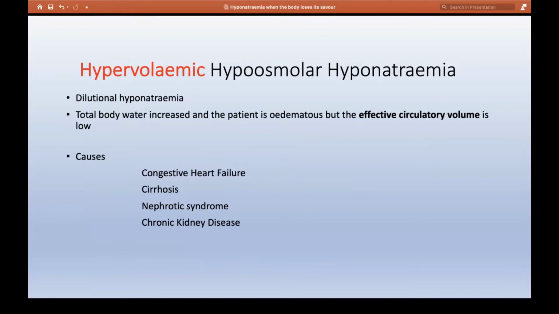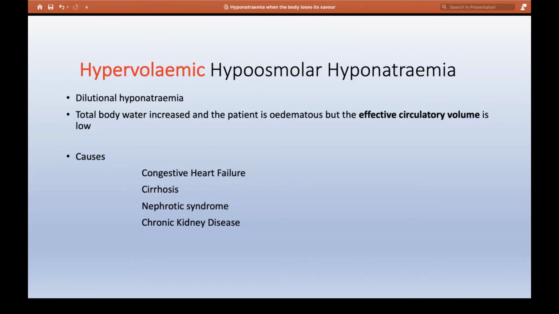Because either there is a problem with regards to the proteins, let's say like in cirrhosis or nephrotic syndrome, where the oncotic pressure is less, and the effective circulatory volume becomes contracted, and why does that happen? Because there is translocation of water into the interstitial spaces.